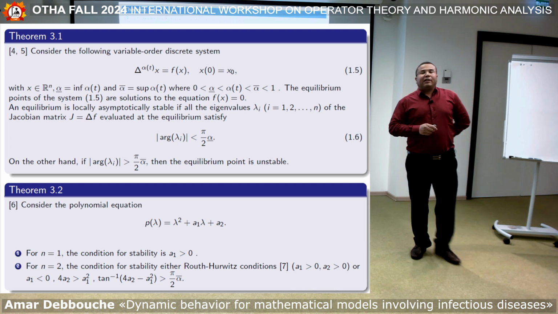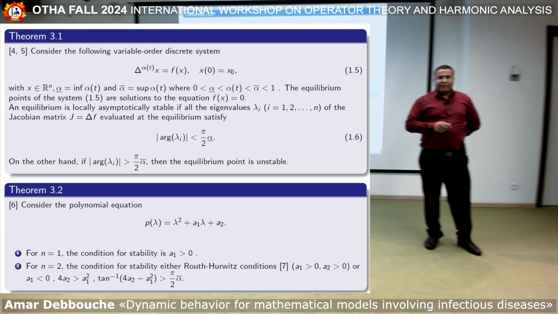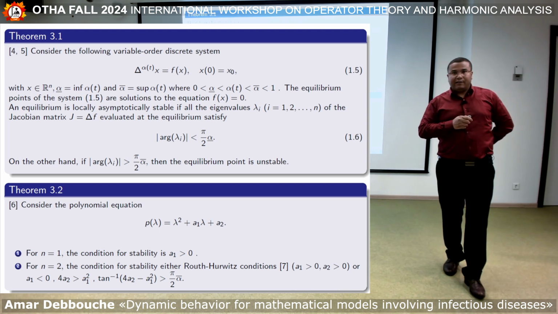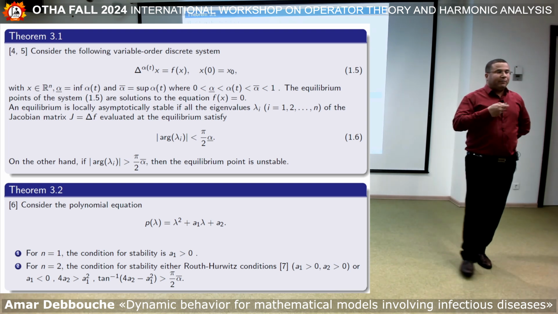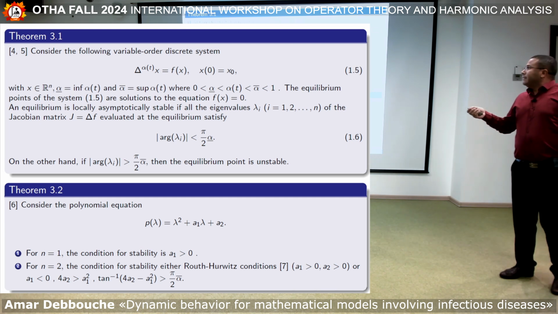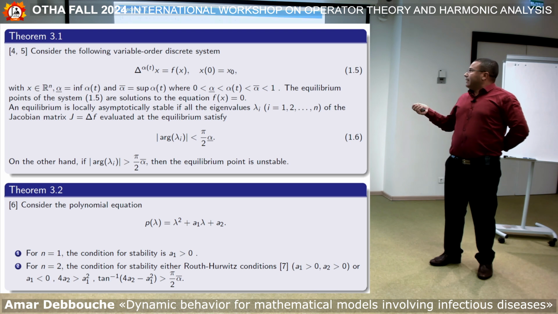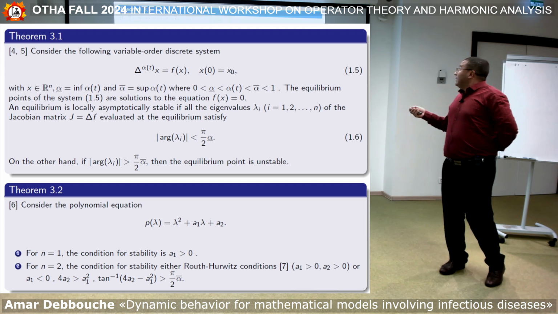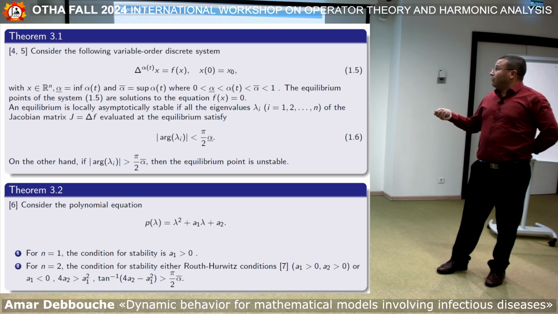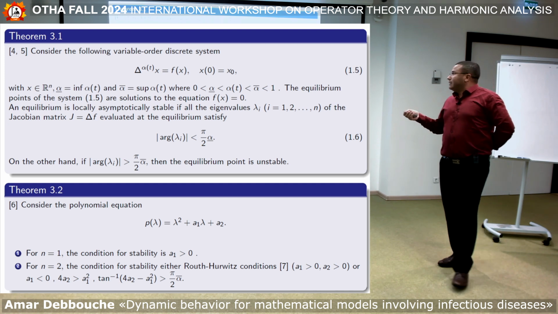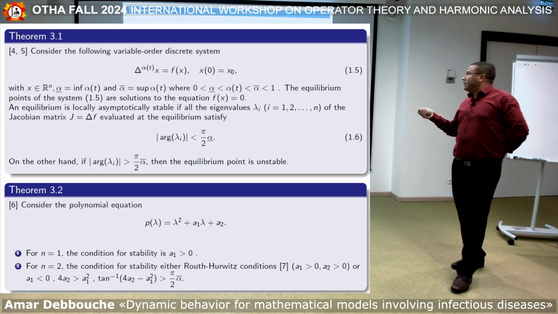Now, in order to study the main results of this talk, we will present some auxiliary results that will be used later. The first one: consider the following variable order discrete system with this form, as you see. So what does the equilibrium point of this system mean? The equilibrium points of this system are solutions to the equation f of x equals 0.